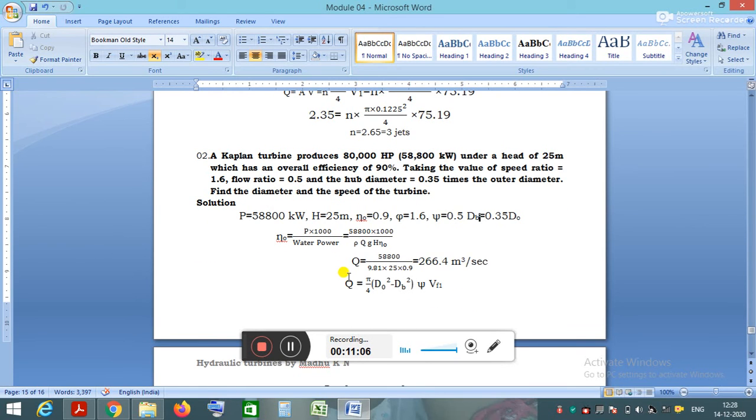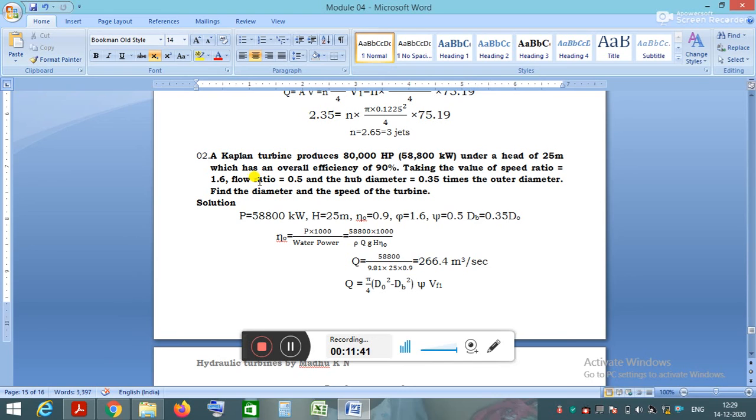Similar to the last problem, here also overall efficiency is given by shaft power by water power. Shaft power is given, we know all the terms. Rho, the density of the water, is 1000, H is given, overall efficiency is given, so we can find out Q. For a Kaplan turbine, the total discharge through the turbine is given by the equation pi by 4 into (d naught square minus dB square) into the velocity of flow at the inlet.